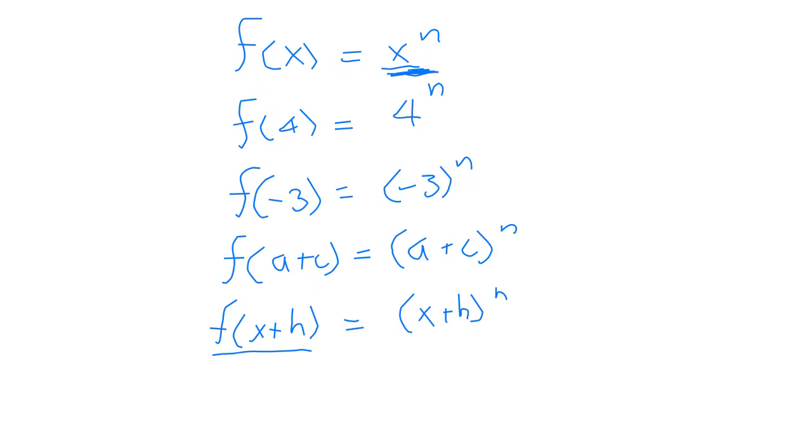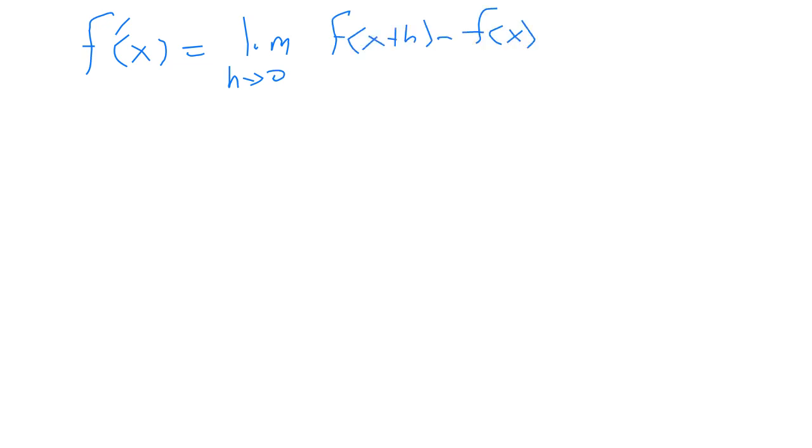I'm trying to recall exactly what was there. Can you write the entire thing? No problem. The formula was limit h tends to 0, f of x plus h minus f of x over h, and we're given f of x to be equal to x to the n.